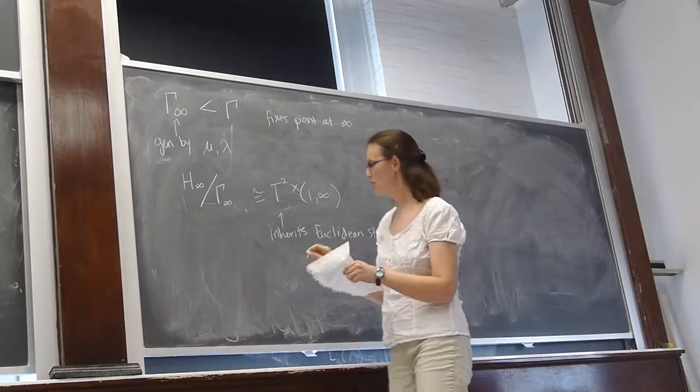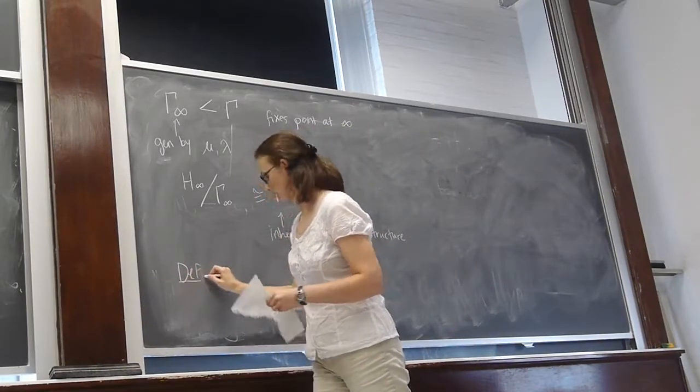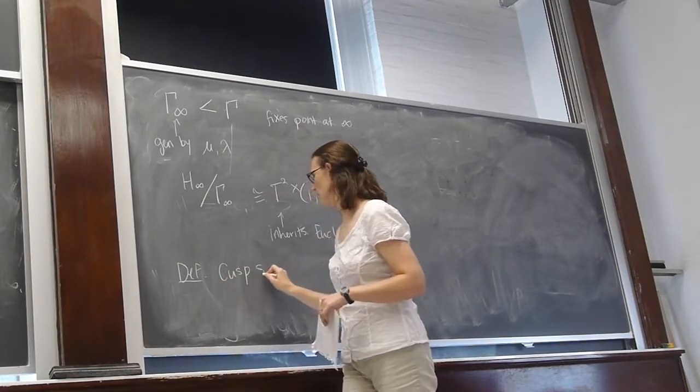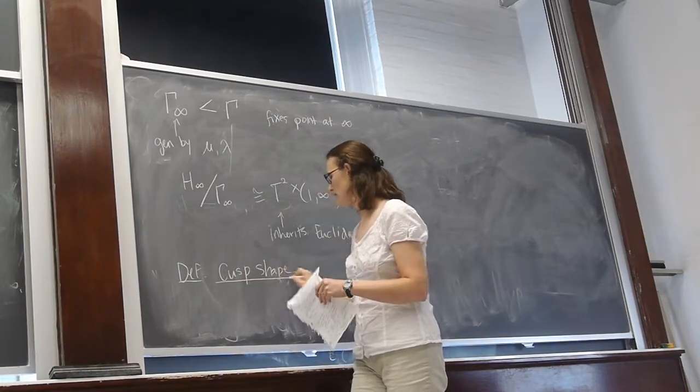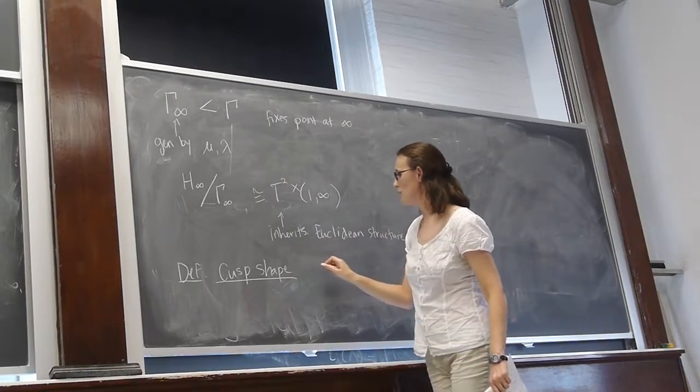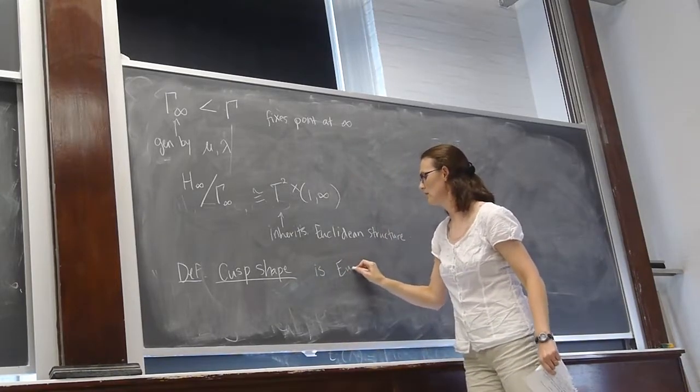So another definition: we say that the cusp shape of the manifold is this Euclidean similarity structure.